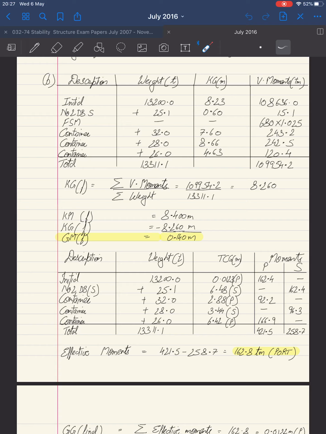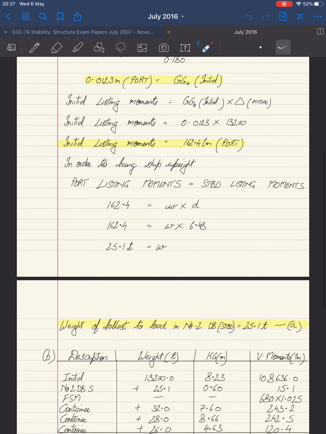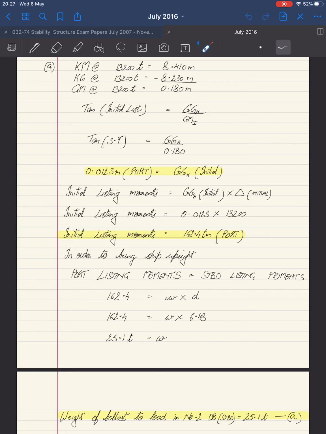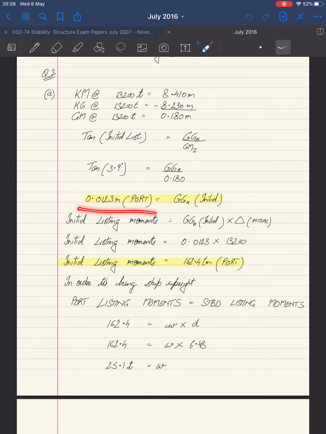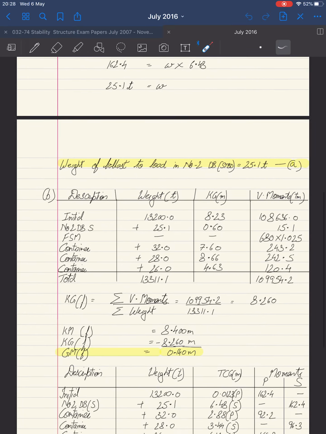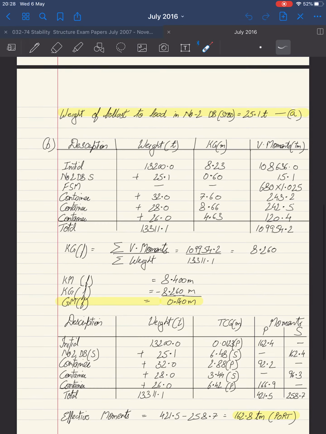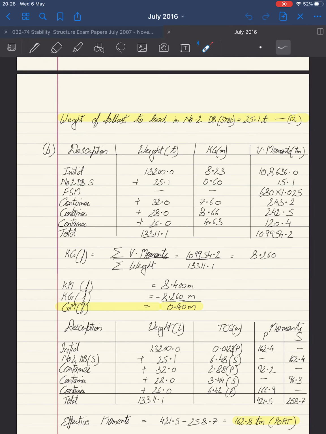So the initial weight was 13,200 tons, and the initial GGH was 0.0123 meters, which was towards port. This we had calculated in the very beginning at this place. We have got its associated moments as 162.4, which is by multiplying these two values.